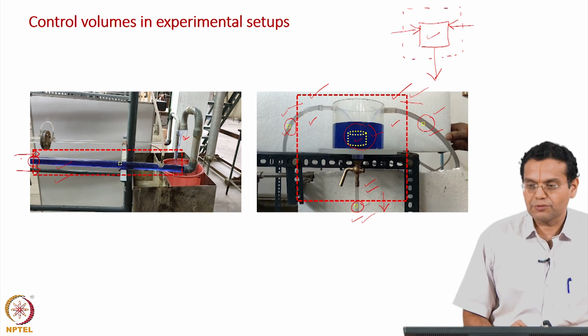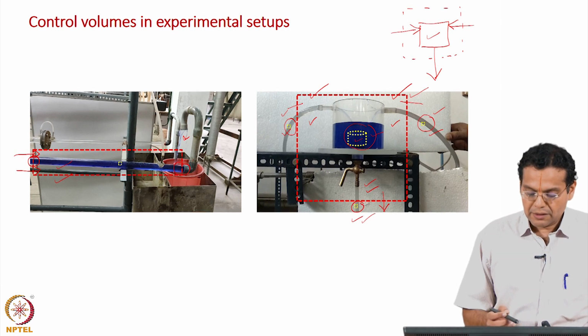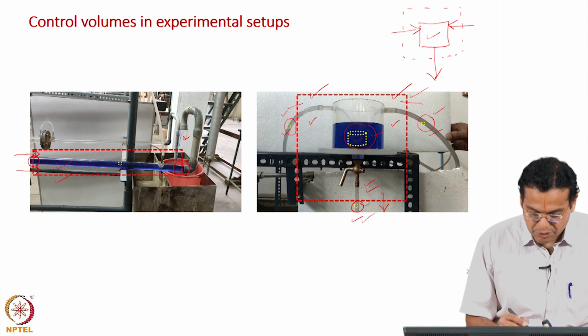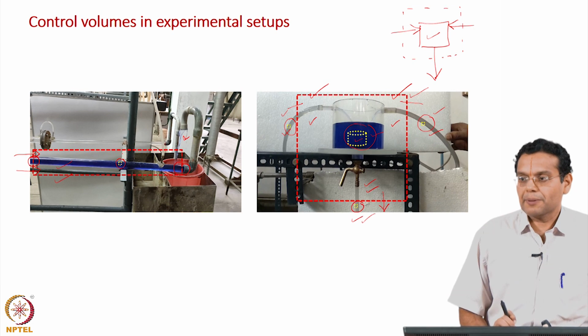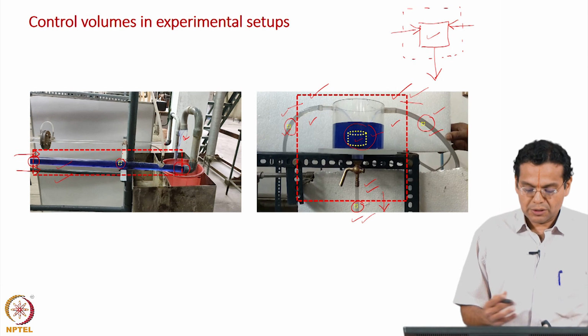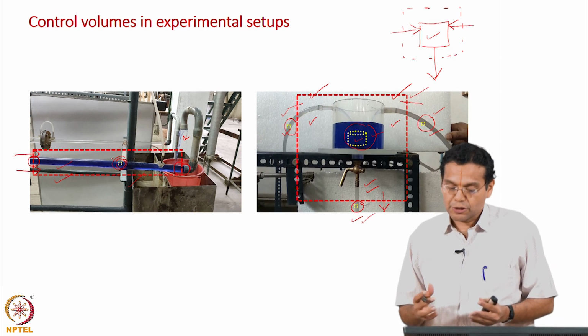In this region, what is the fluid flow entering and what is the fluid flow leaving and crossing the control surfaces, or as I have shown here, I can take a small control volume inside the pipe and analyze the fluid flowing in, out, etc. So, control volumes could be over the entire equipment, or it could be inside the equipment as well.